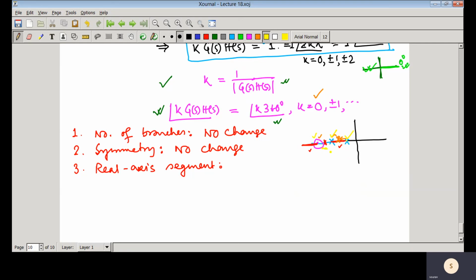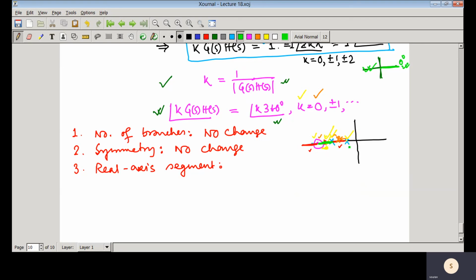So this particular point is satisfying this angle condition. So that means this segment is the part of root locus.